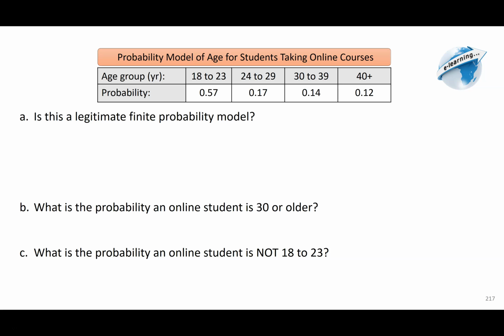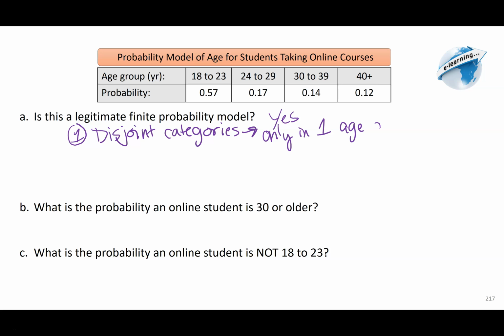So here, is this a legitimate model? Yes. So, 1, we have disjoint categories. You can only be in one of these age groups at a time. So you can't have a person who's in the 40 plus group and in the 30 to 39 group.